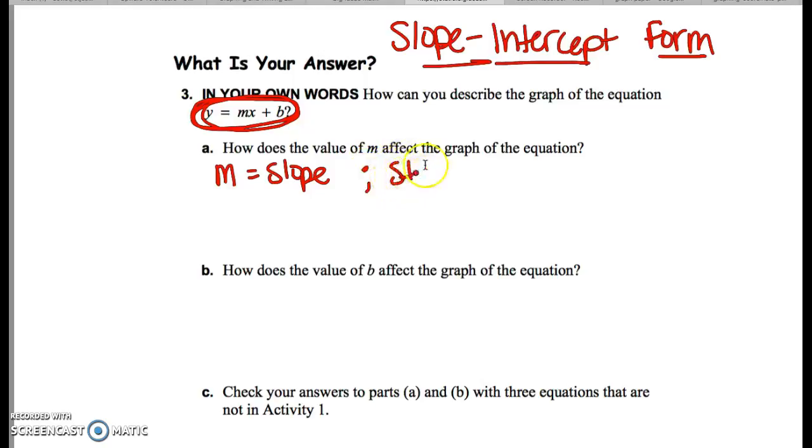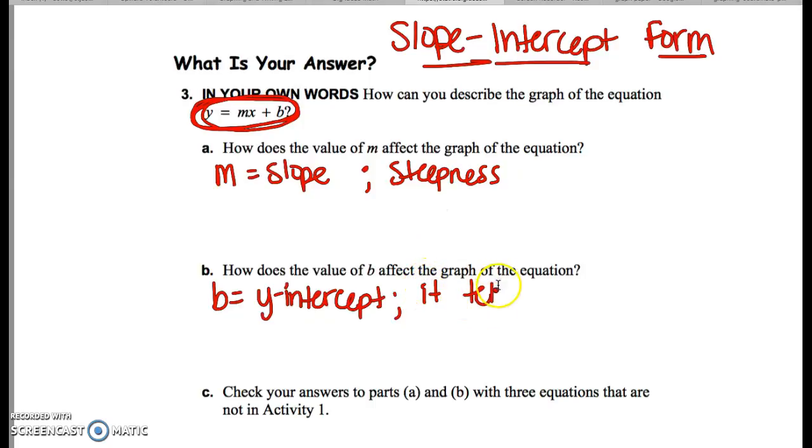It affects the steepness of the line. Okay? Value of b. B is your y-intercept. Okay, and we'll just tack this on. How does that affect the graph? It tells you where the line will cross the y-axis.